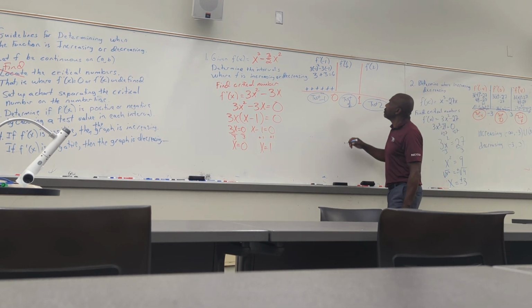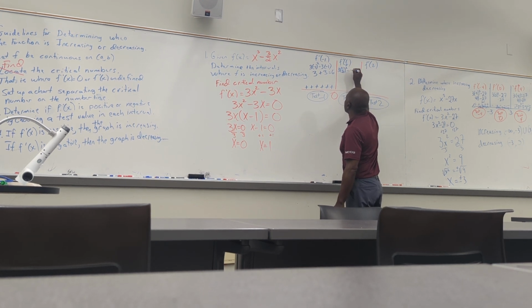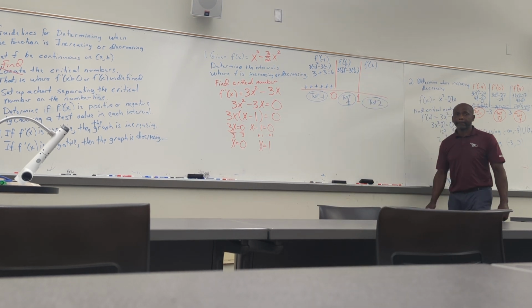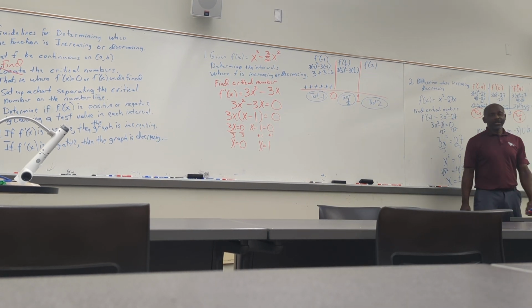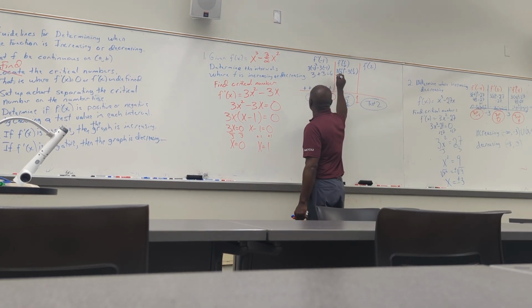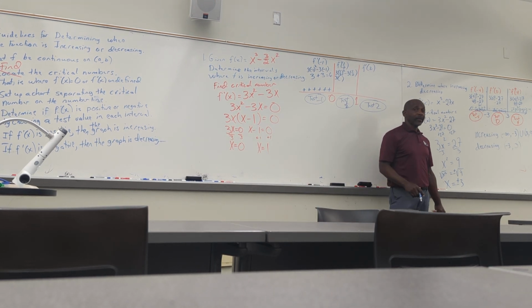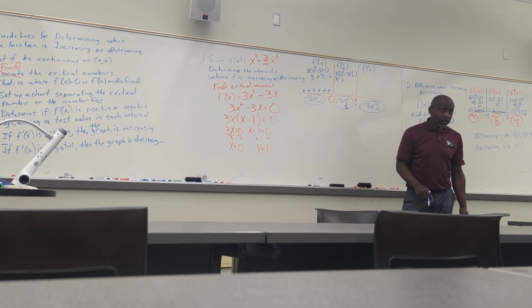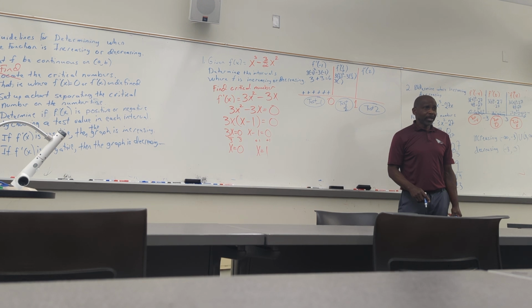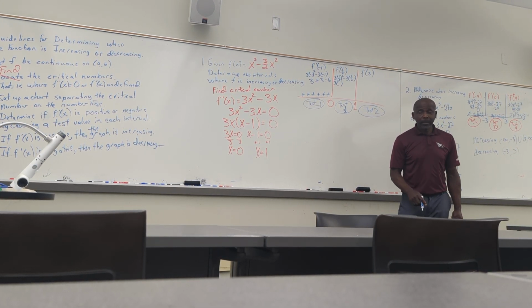Now I got to put in the 1/2, so that's 3 times 1/2 squared minus 3 times 1/2. Now what's 1/2 squared? Is it 1? What's 1/2 squared? It's 1/4.